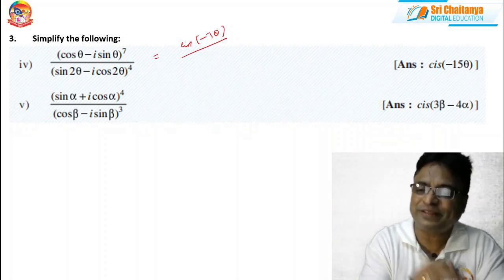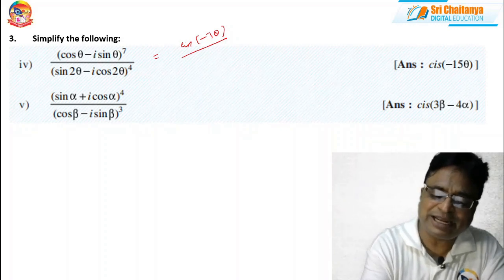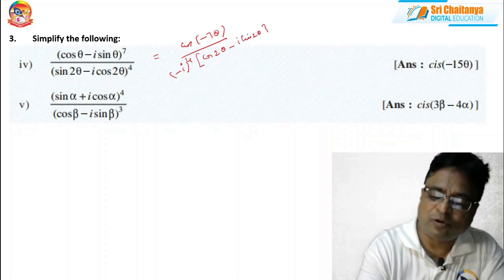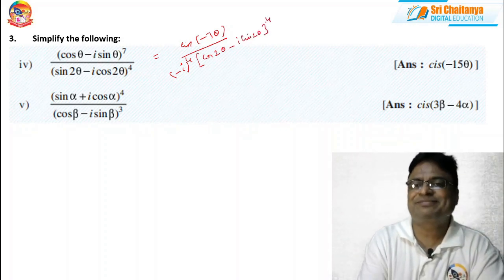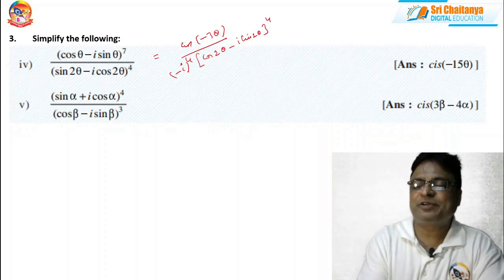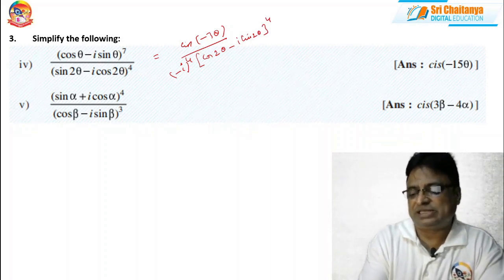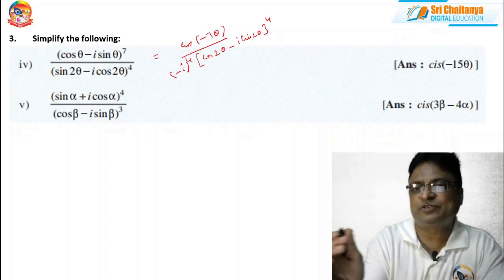So for that, what I am doing is, better you take minus i as common. If I have taken minus i as common, it is minus i power 4 into cos 2 theta minus i sin 2 theta whole power 4. Minus i power 4 is equal to i power 4, which means minus 1 whole square, that is 1.